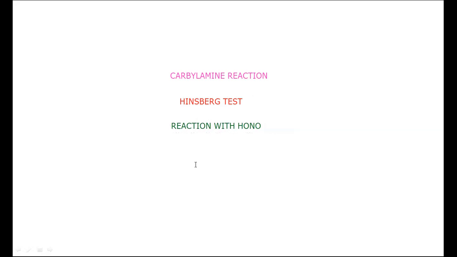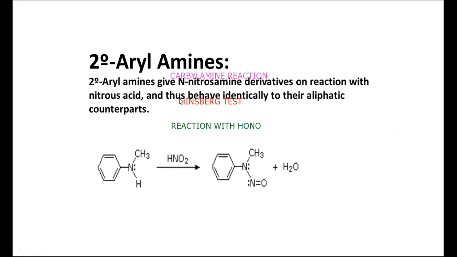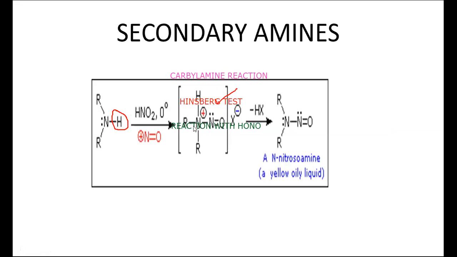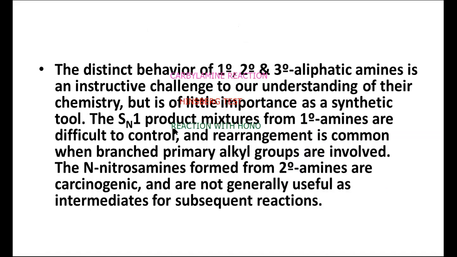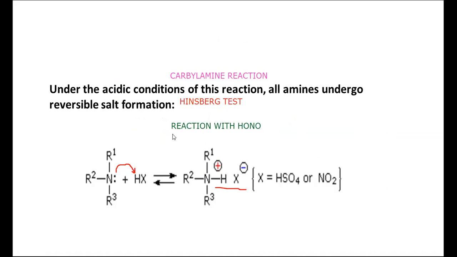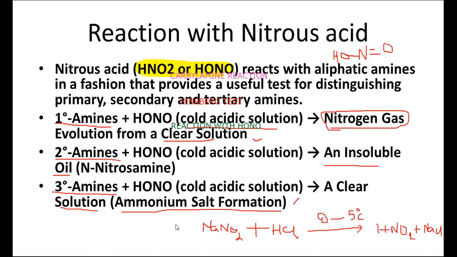I'll show you. Okay, remove this annotation. And see here, this is the case of the secondary amine. Here, this is the primary amine, secondary amine. In the case of the tertiary amine, this is going to be the cold condition.